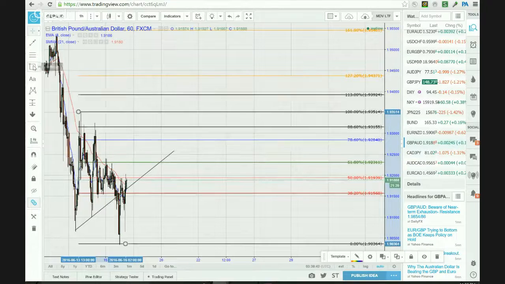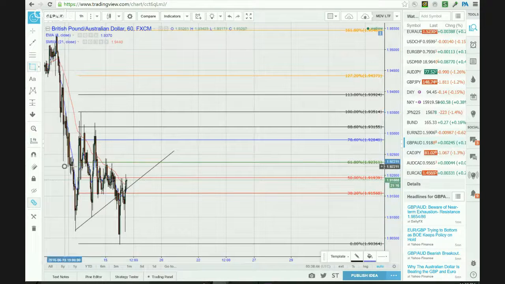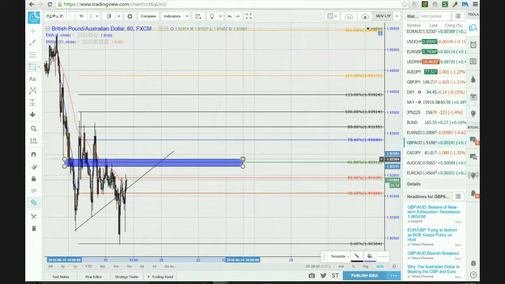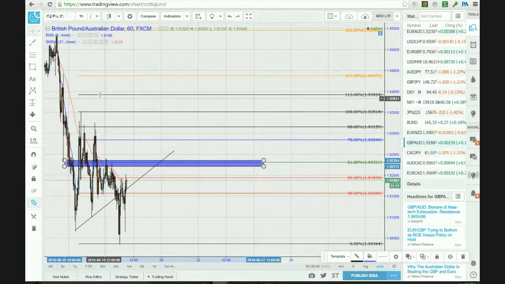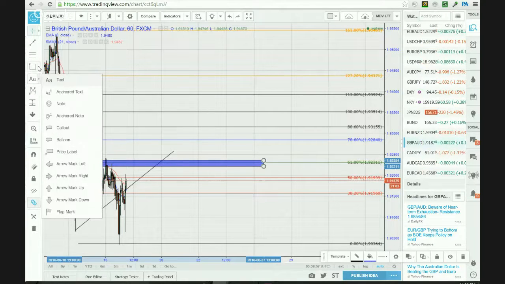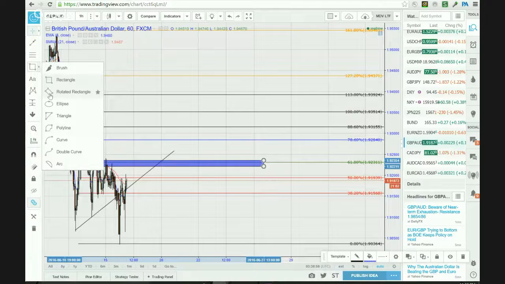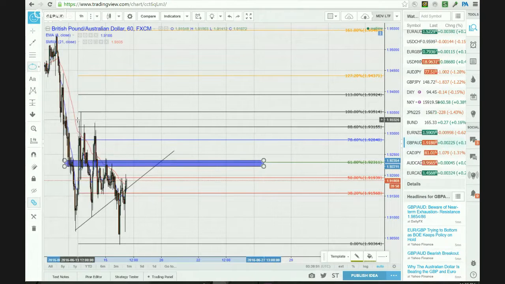Got good structure over here, looking back and past from our 61.8. This is an area. One thing you can also notice about this, price has been making lower lows. Let me get my ellipse tool so I can point this out to you guys.